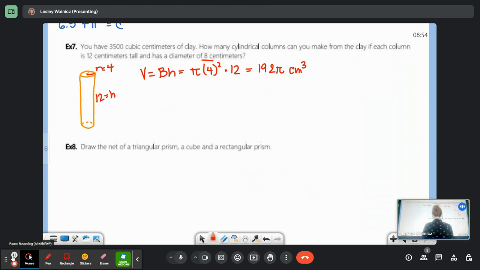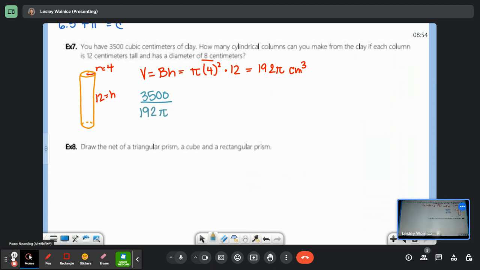All right, now, how do I figure out how many of those are in that? Yeah, I have to divide the volume of the lump by the volume of a cylinder to figure out the number of cylinders I can get. So we've got 3,500 divided by 192 pi.